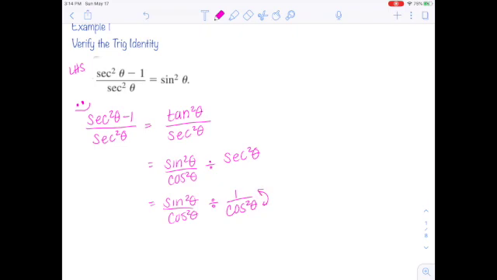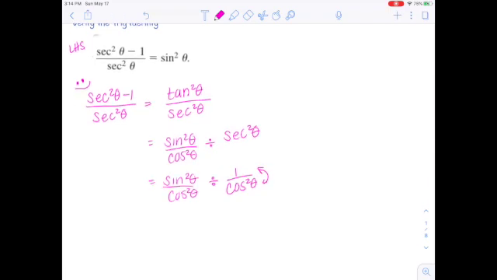Now we can multiply by the reciprocal. Look, I'm not multiplying both sides of my equation, right? I'm not using any properties of equality as I prove this. So sine squared of theta over cosine squared of theta, multiplied by the reciprocal, cosine squared of theta over 1. And now we can simplify.